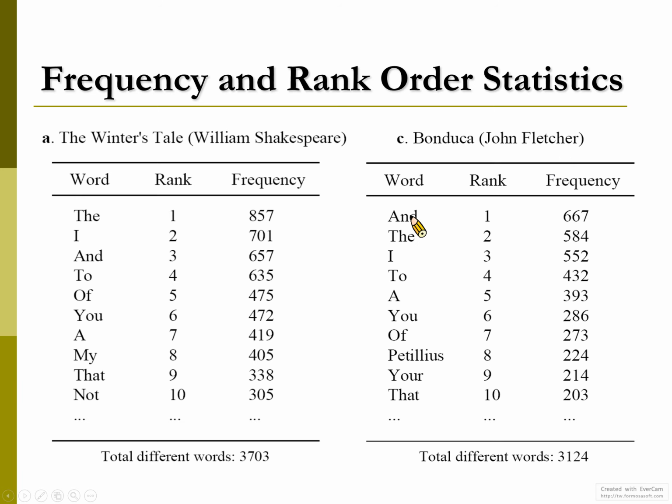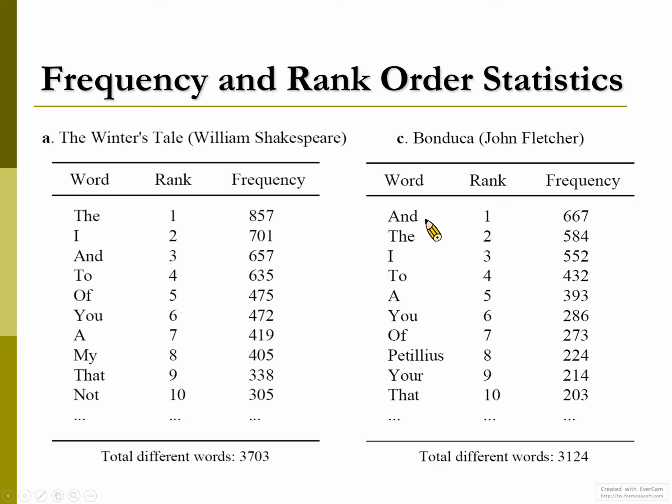In this case, the most frequent word is "and", the second one is "the", and the third one is "I". You can see that the rank of these words is quite different from that observed in The Winter's Tale, which is by William Shakespeare. So it gives us an intuition that maybe these frequency and rank order statistics are features of the style of the authors.